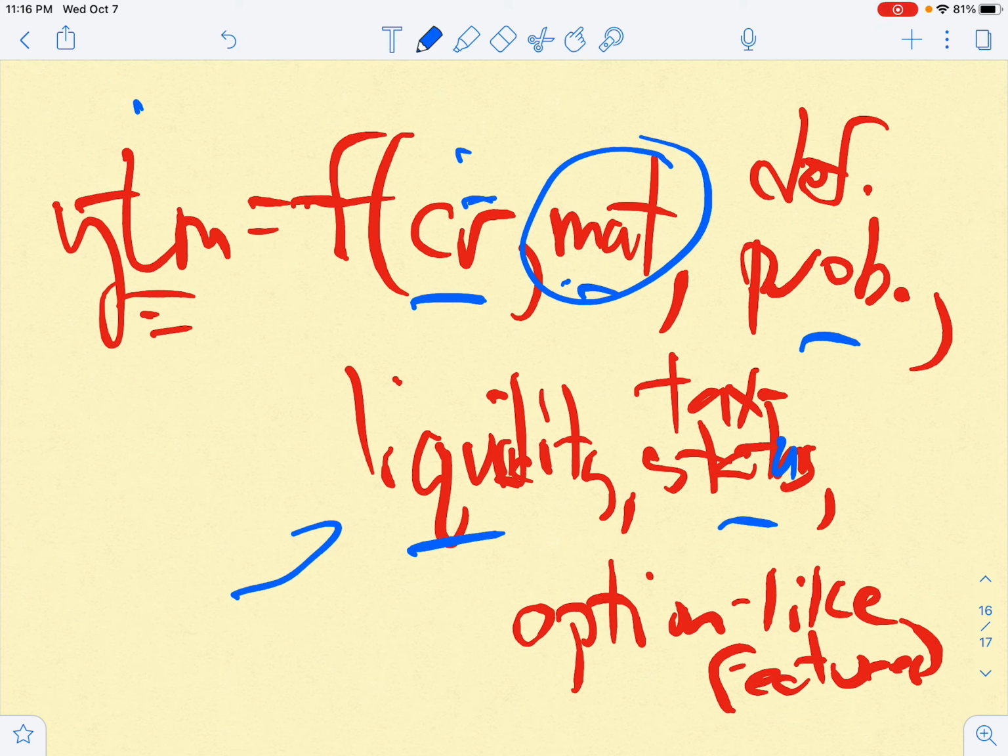Now what about liquidity? Liquidity is the ability to get into or out of some asset with little or no transaction costs, okay? If liquidity is low, that means the bid-ask spread in the bond will be wide, and hence near simultaneous buy-sells will cost you a lot of money, okay?